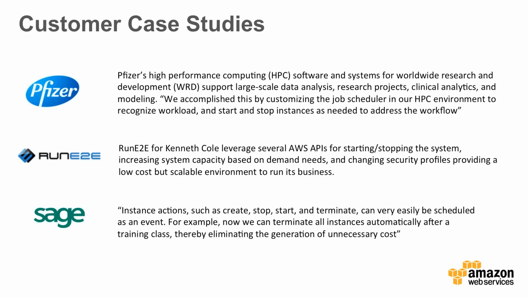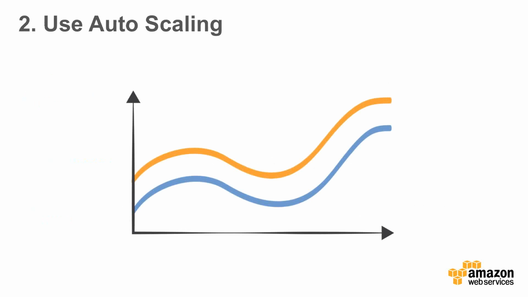So next one up is the use of AWS Auto Scaling. And this is one of my favorite services on AWS. Why? Because for a service that is so simple to use, it delivers so many important functions to achieve scalability and availability for applications running in AWS. Auto Scaling helps you maintain application availability, and it allows you to scale your Amazon EC2 capacity up and down automatically according to conditions that you define.